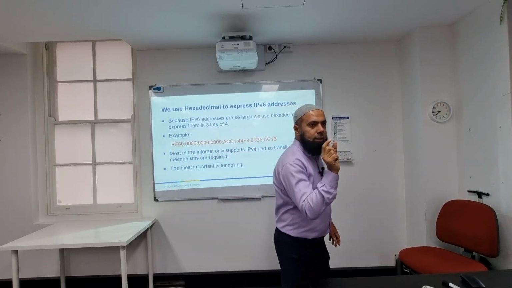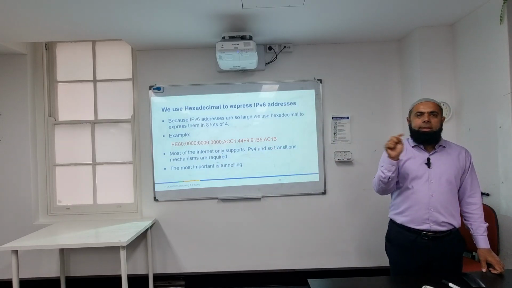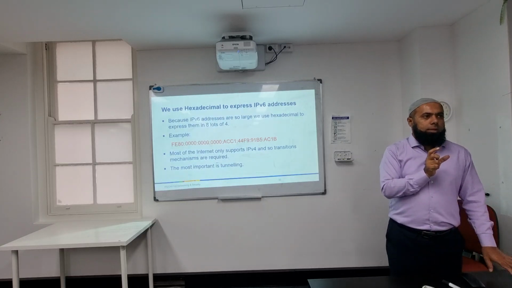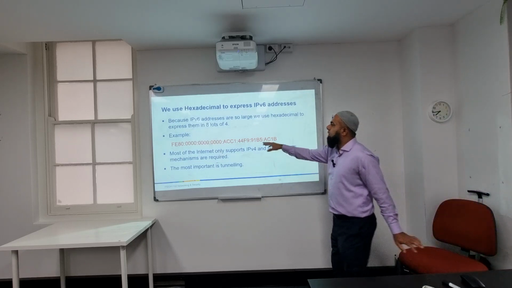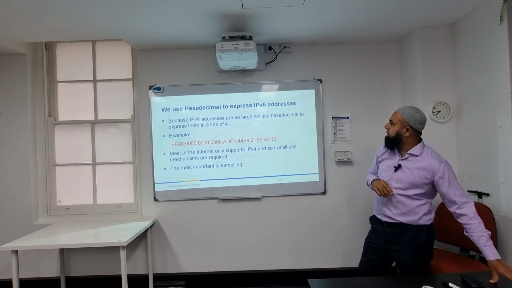So 128 divided by 8 means we divide the 128 bits into 8 equal parts. So it's 8 groups of 4 hexadecimal digits that are used in IPv6.